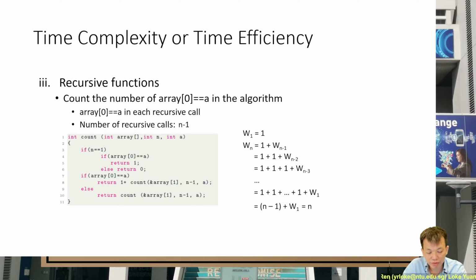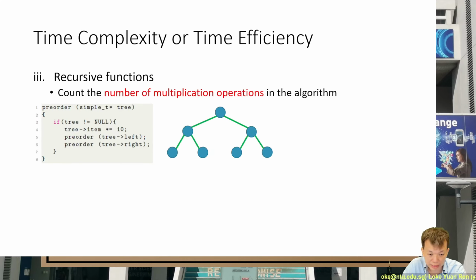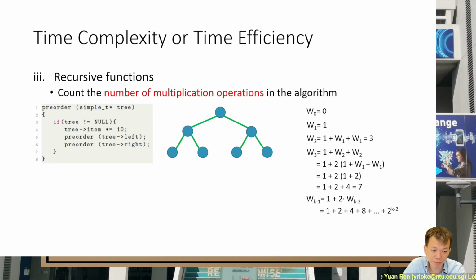Sometimes the first iteration is 1, the second iteration you need to run 2 recursive calls and then 2 operations, then the third iteration maybe 4, after that 8, 16, 32, just like this example. Every recursive call has a different number of primitive operations.